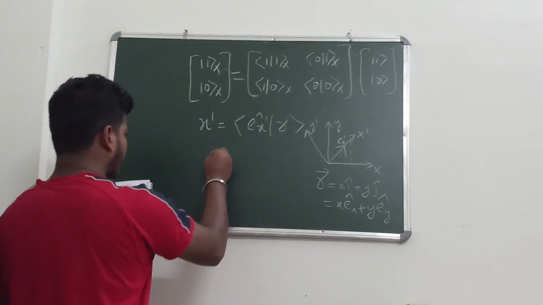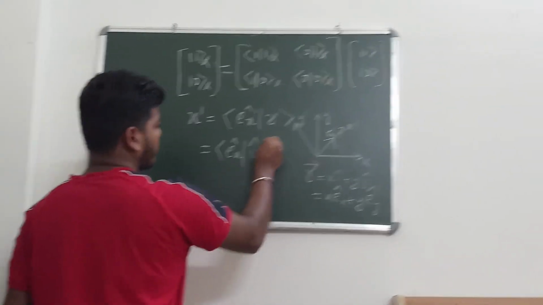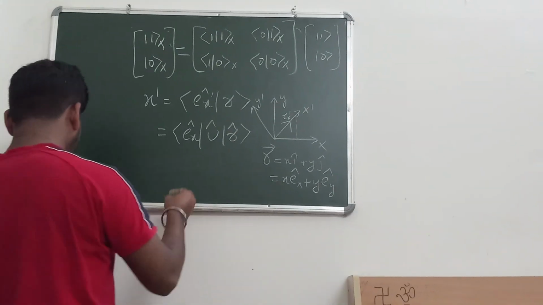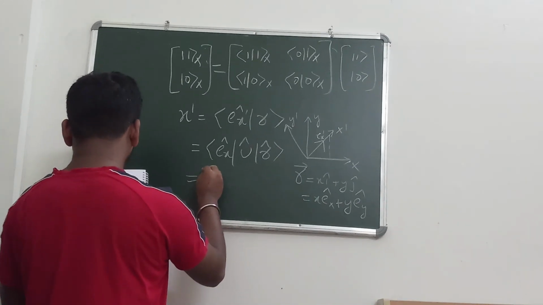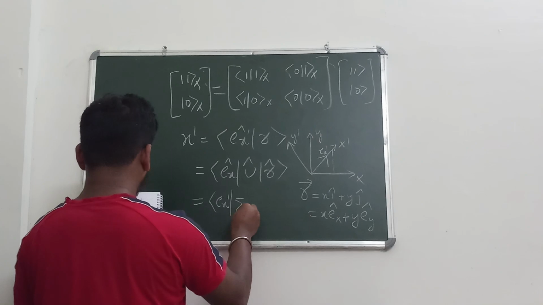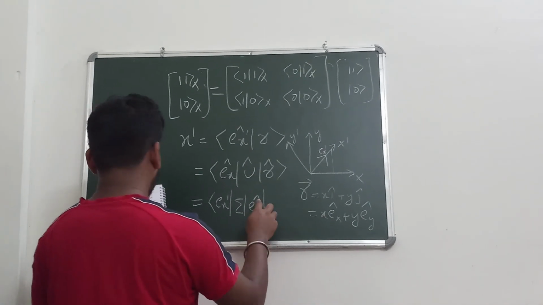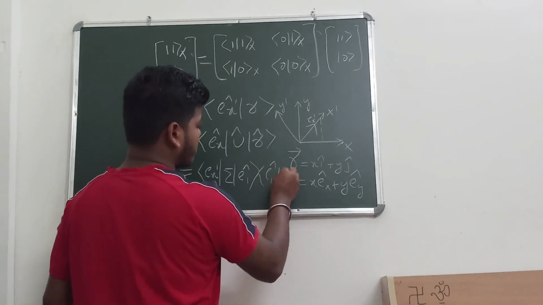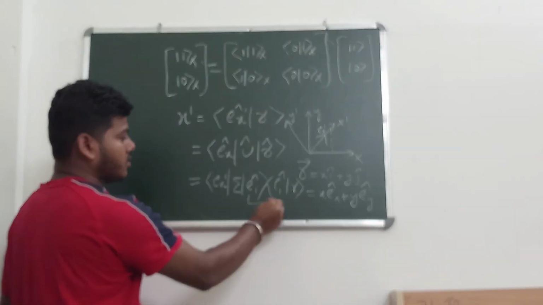So I can now define the unitary operator, that is ex u cap r. I can write this as ex dash, summation of ei cap, ei cap r vector. So I can use the completeness relation here.